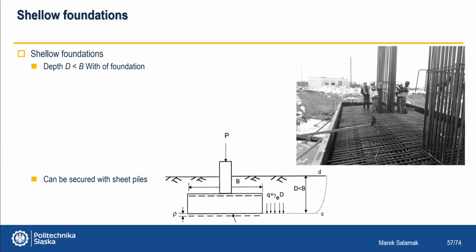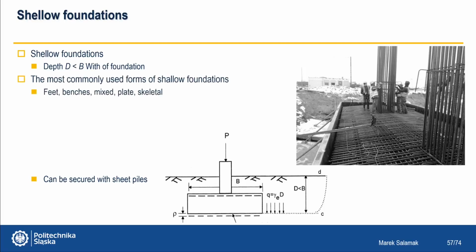Shallow foundation is used when the foundation depth is smaller than the foundation width. In bridges, in the case of shallow foundation, the most frequently used forms are shallow a foot or a bench. More rarely, they are plate or frame.